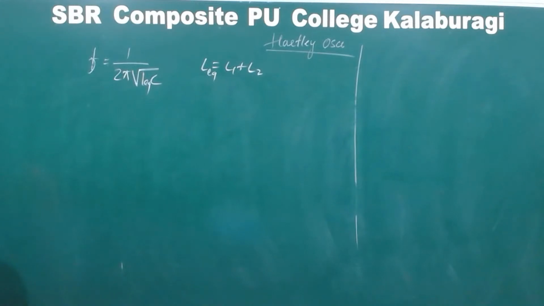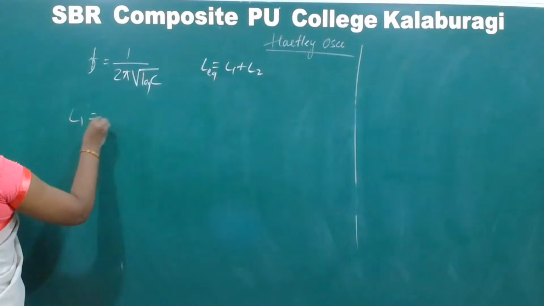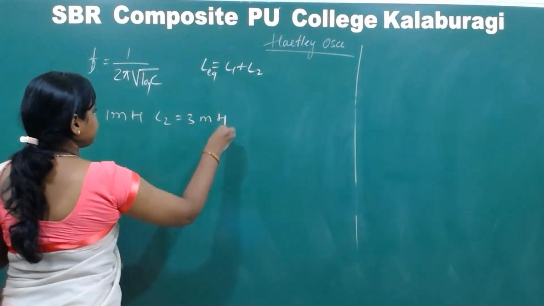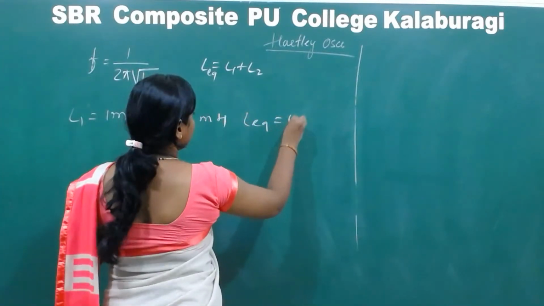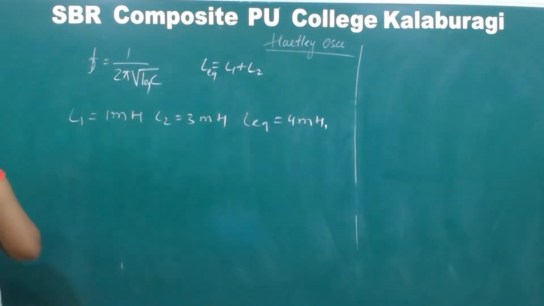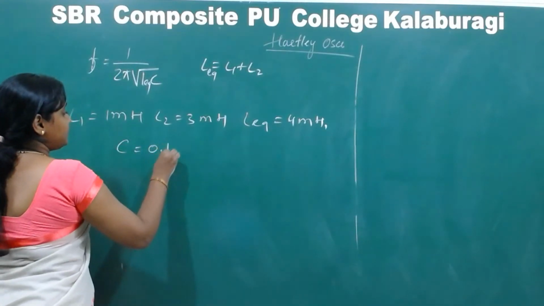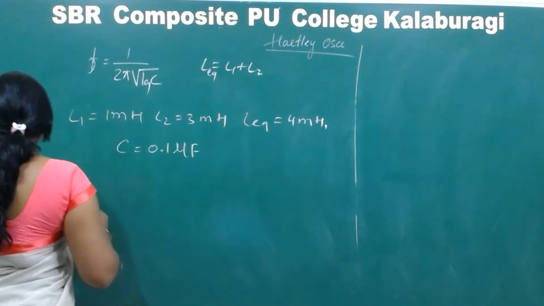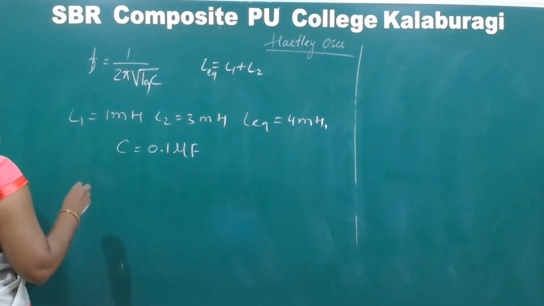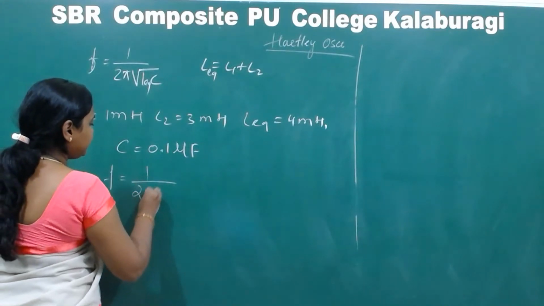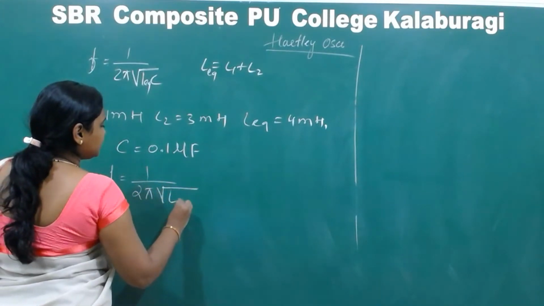Now the given values are 1 millihenry, 3 millihenry. Total L equivalent is equal to 4 millihenry. C is equal to 0.1 microfarad, where frequency F is given by 1 divided by 2 pi under root LC.